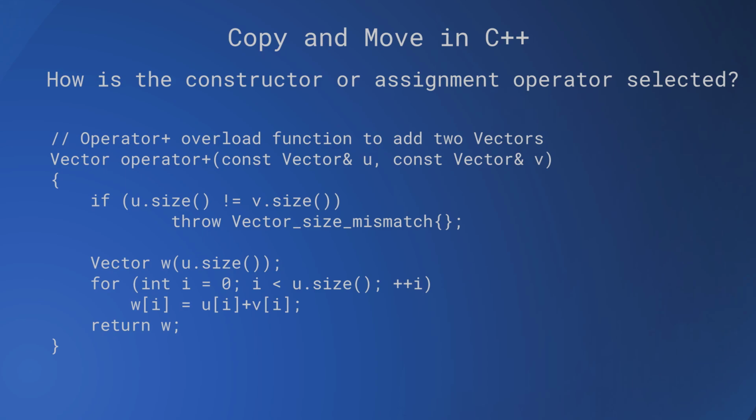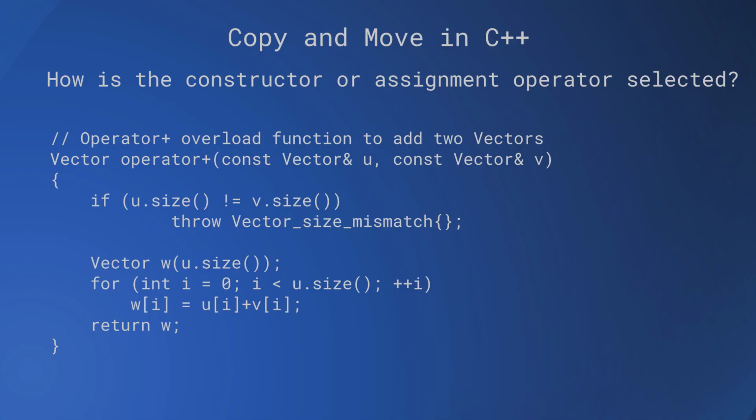And the last statement, return w, returns the vector w by value. So here, vector w, which can be quite big, is to be copied to the scope of the caller so that the caller can use the result of addition of vectors u and v.